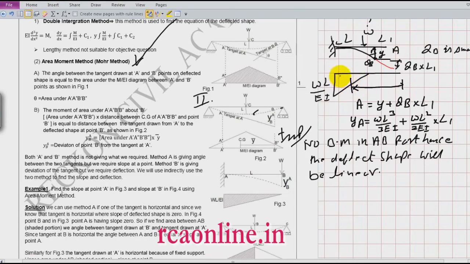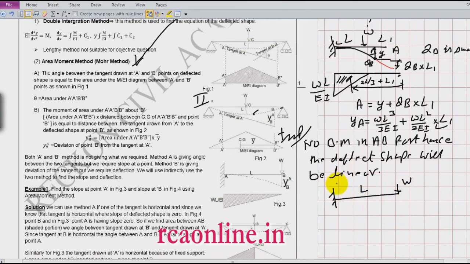Clear? So this area and its moment about point A. So what will this length be? This length will be 2L by 3 plus L1. You will get the same equation. Is it okay?